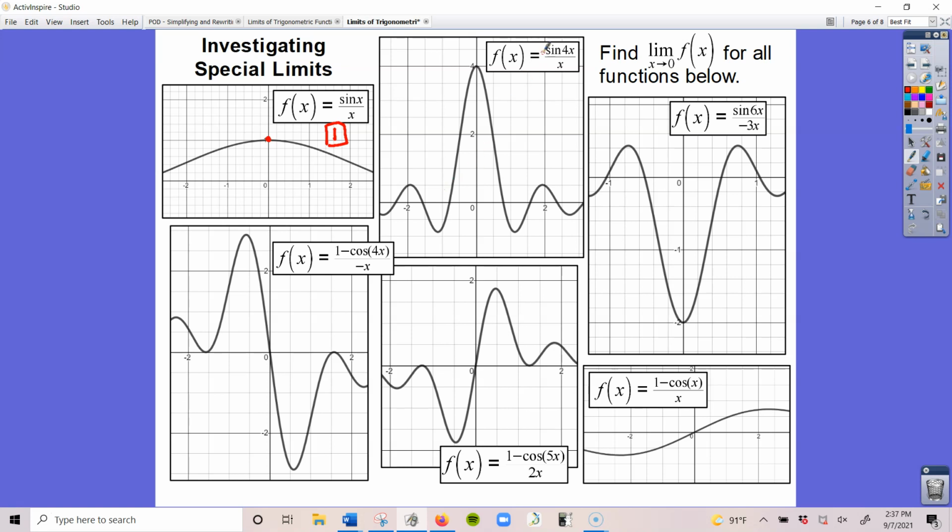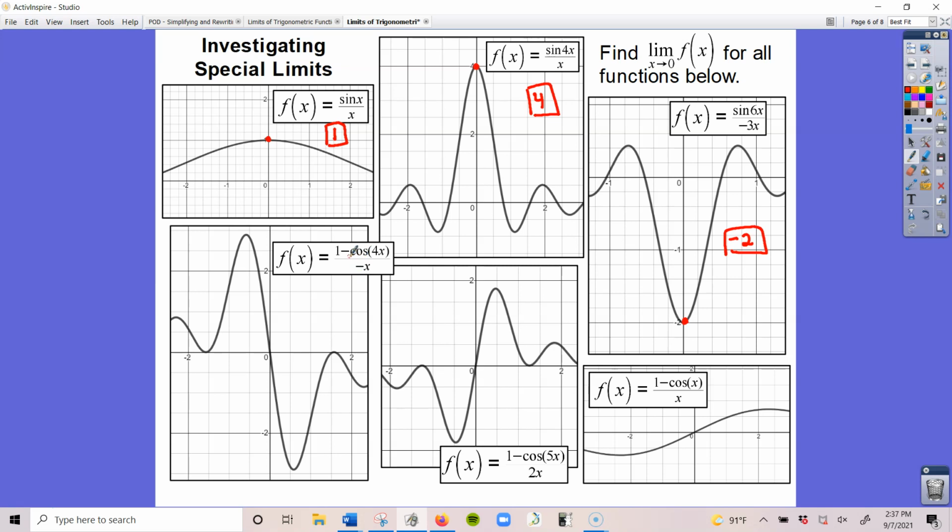Over here, we have the sine of 4x over x. And I want to find the limit as x approaches 0, which is 4. This is the function sine of 6x over negative 3x. If I want to find the limit as x approaches 0, it would be negative 2.